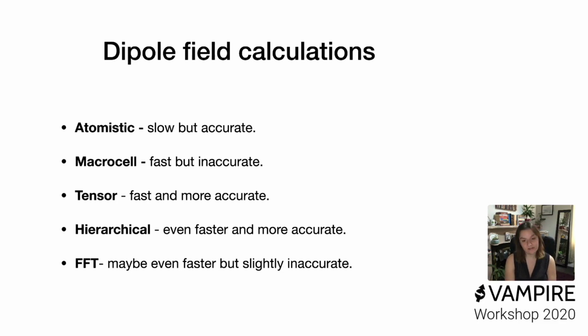The hierarchical will be released in the next version of Vampire, and it's even faster than the tensor approach, and again more accurate than the macrocell approach, and basically the same accuracy as the tensor approach. The next is the FFT, which should also be released with the hierarchical version.